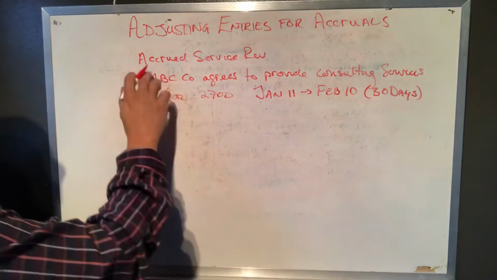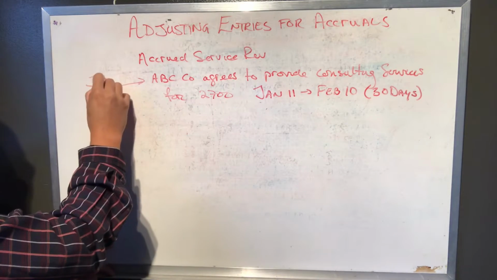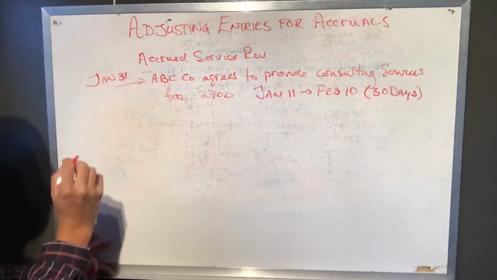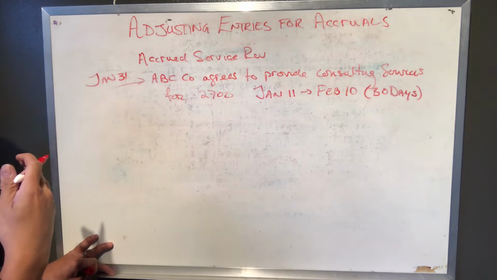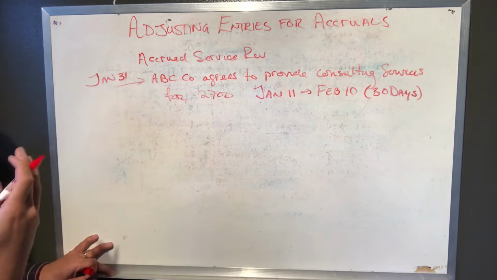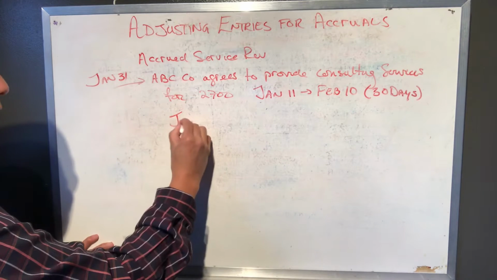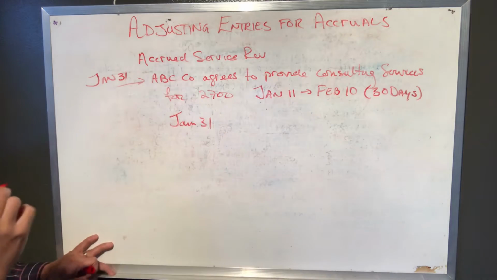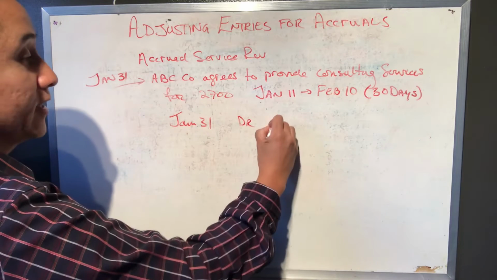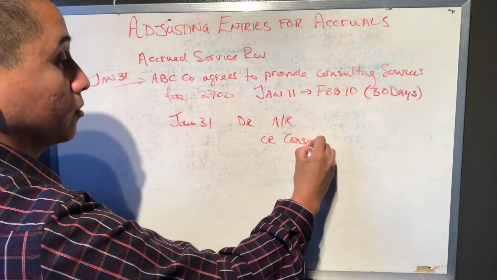But if ABC company closes their books at the end of January on a monthly basis, then we want to know what revenue they can recognize on the books. So on January 31st, the entry that would be needed would be debit accounts receivable, and credit consulting revenue.